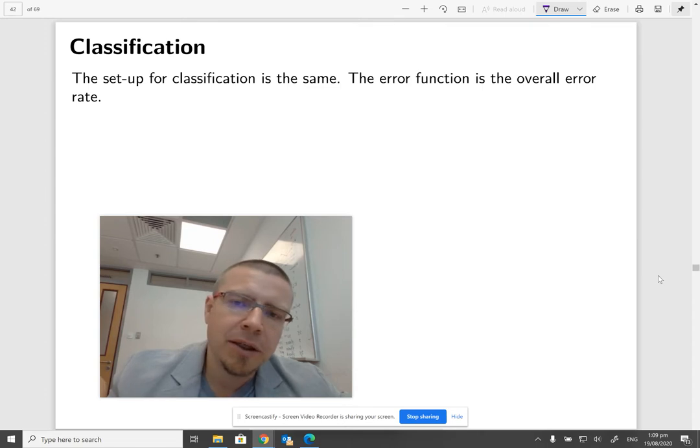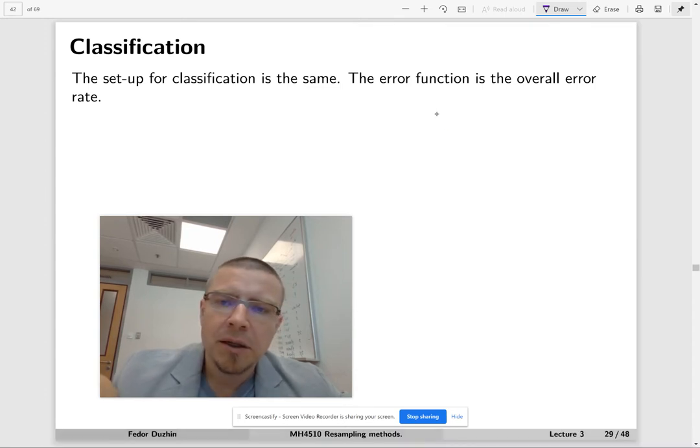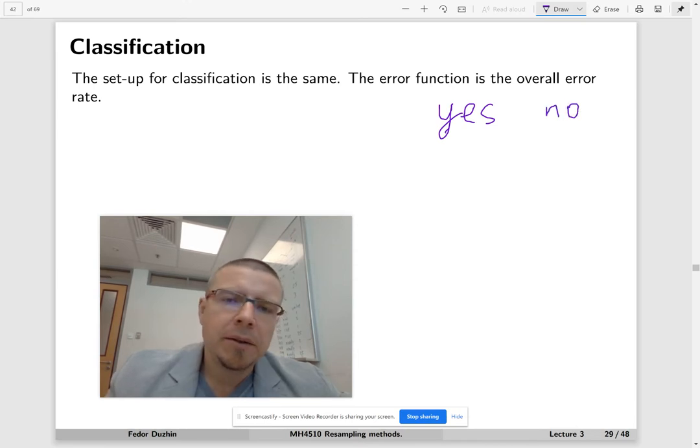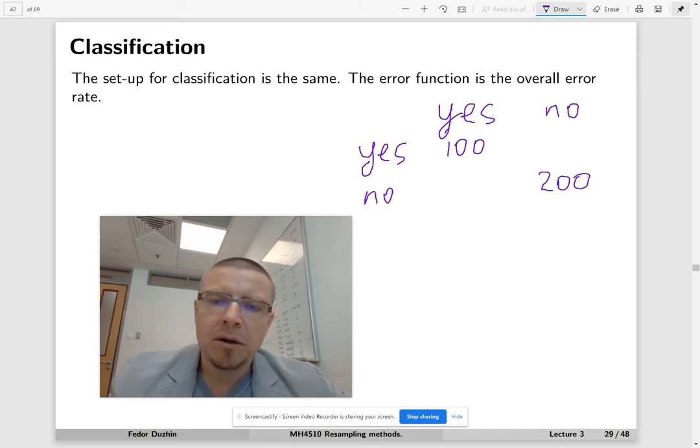Suppose that we train a binary classification model, say the true labels are yes or no, and the predicted labels are yes or no. And let's say there are 100 true positives, 200 true negatives, 50 false negatives, and let's say 30 false positives.